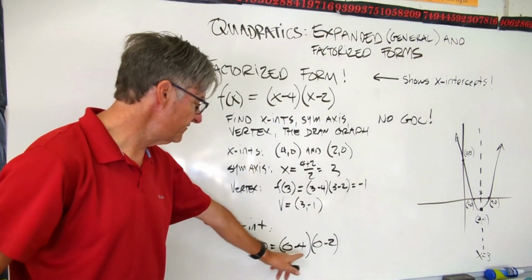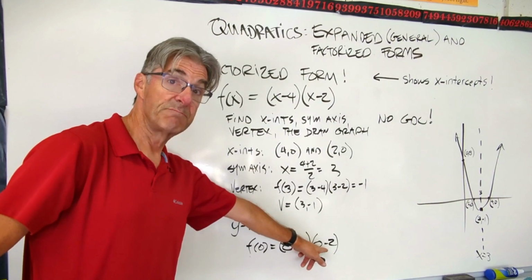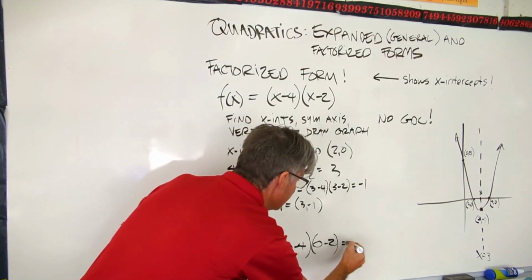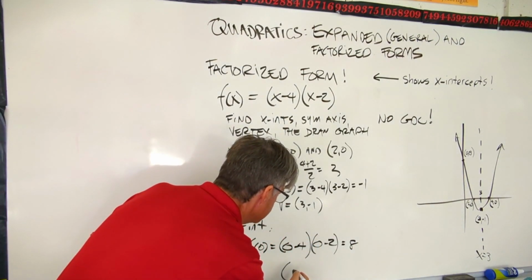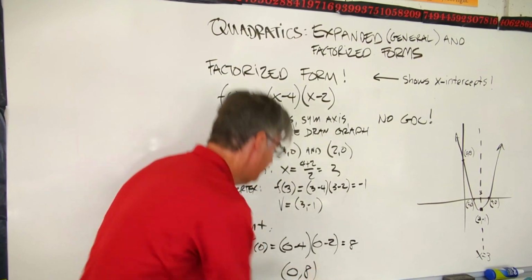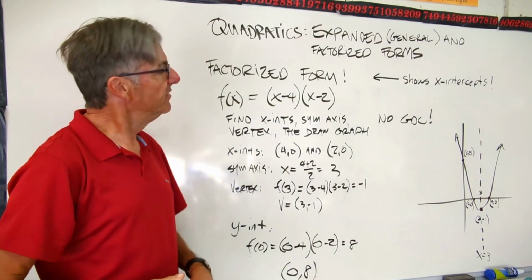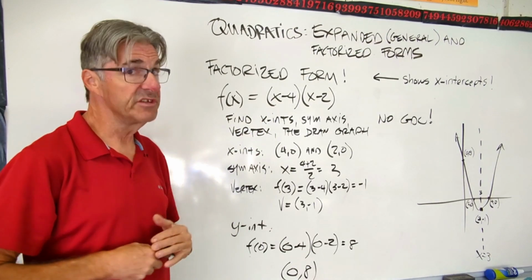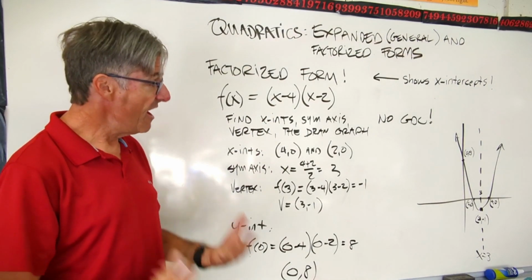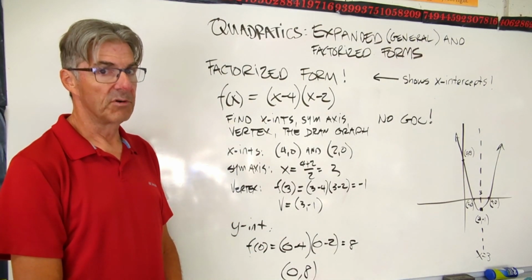That's going to give us minus 4 times minus 2, which is positive 8. So this is going to give me 8. So the y-intercept is the point 0, 8. So that was nice and quick. So this form actually provides you access to everything you need to draw your parabola.